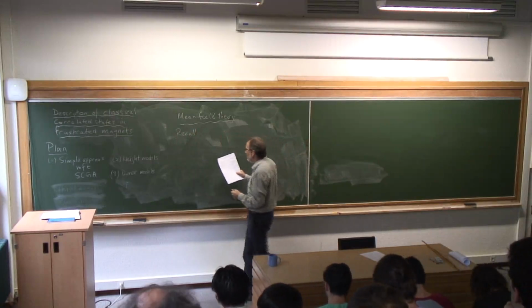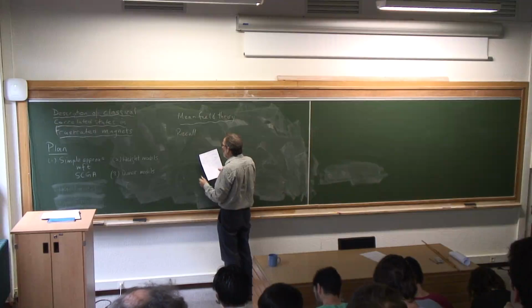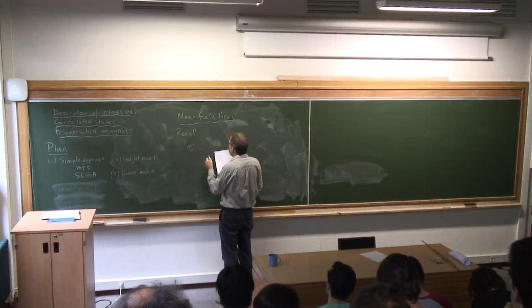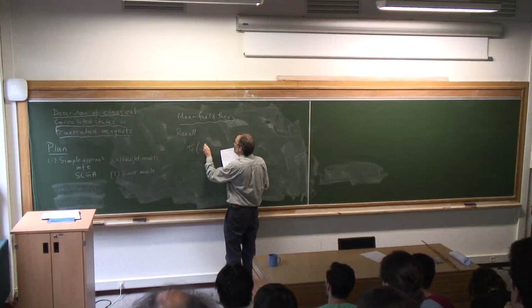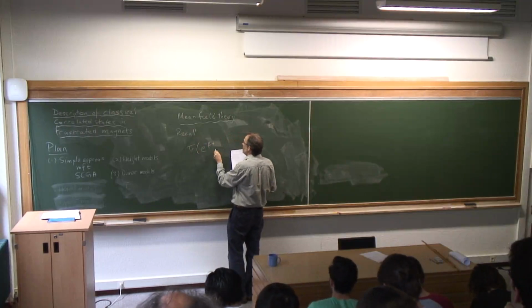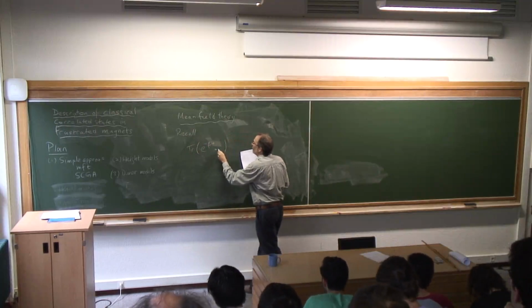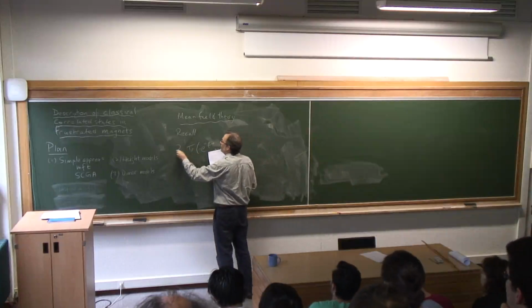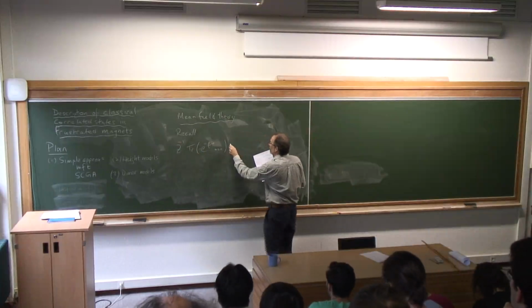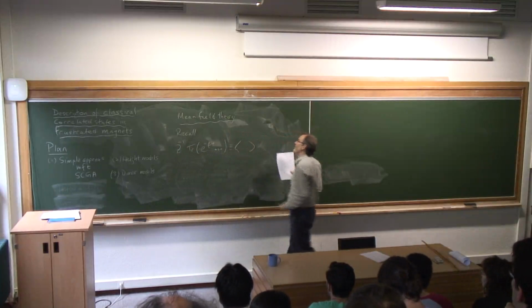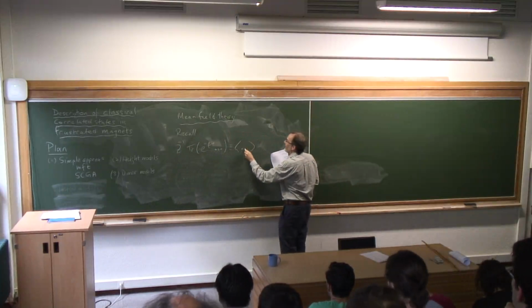What you want to do in general is work out averages by taking a trace of whatever the observable is that you're averaging and normalizing, and I'll denote this just by an average like that.